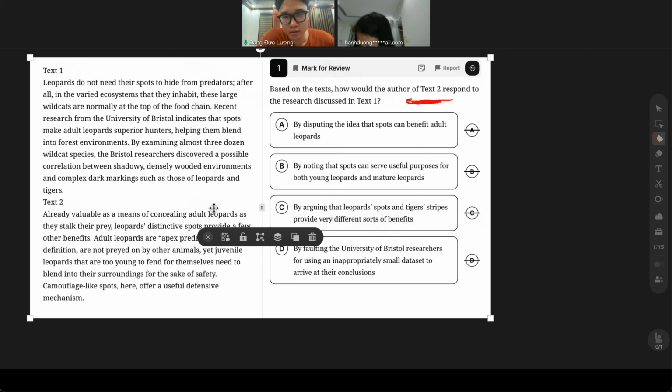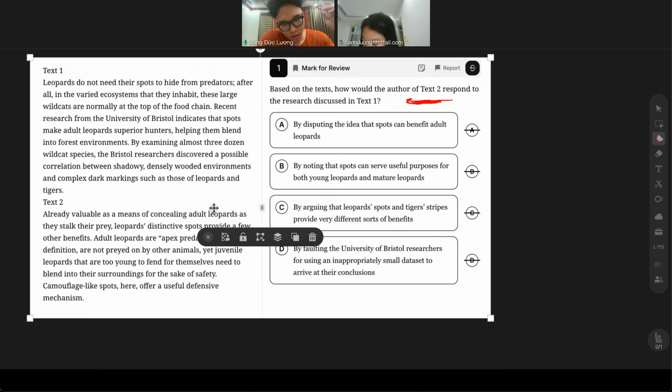If you read text 1 first, you will be distracted by many peripheral information, and you will not get to the point.